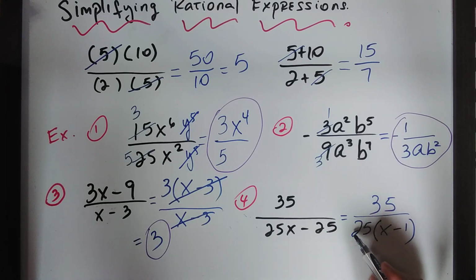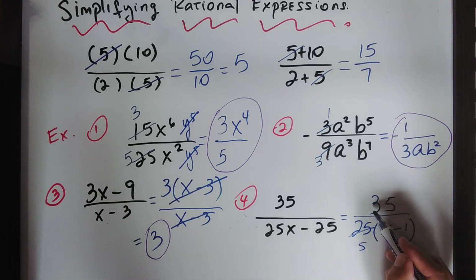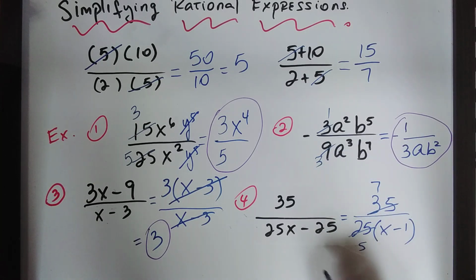So now I divide by 5 and by 5. So at the end the answer is going to be 7 over 5 times x minus 1. And that is going to be my answer.